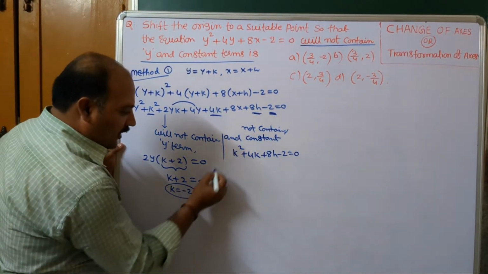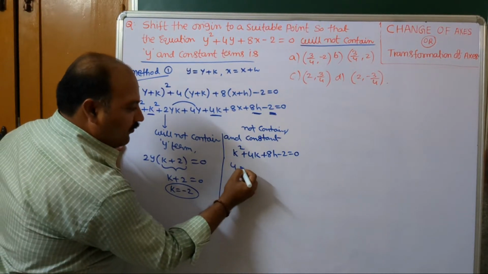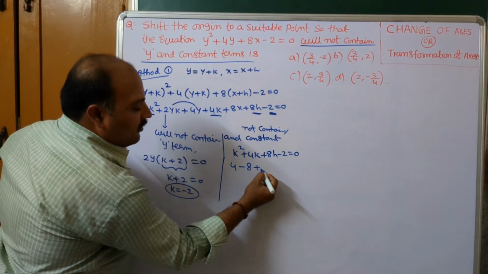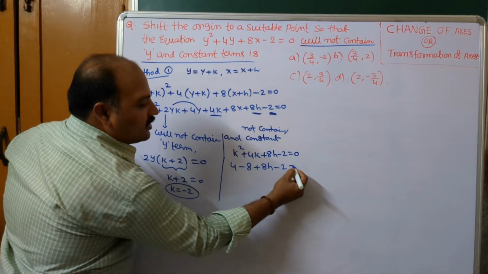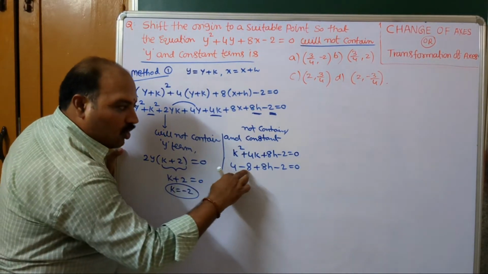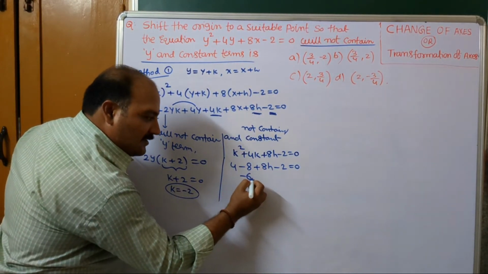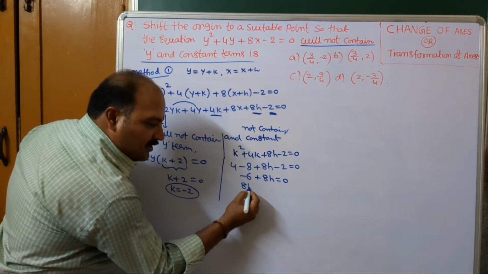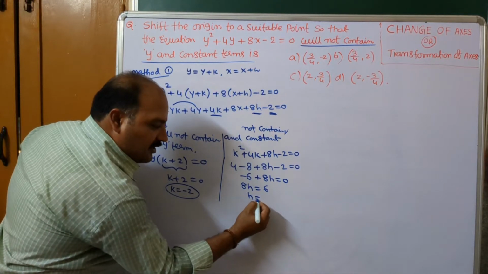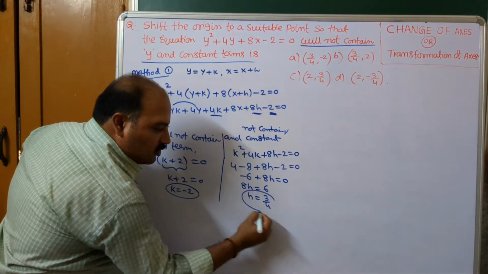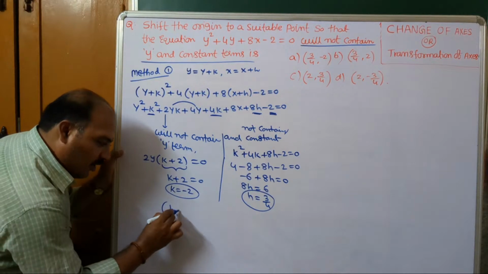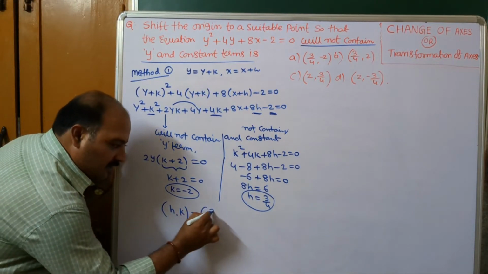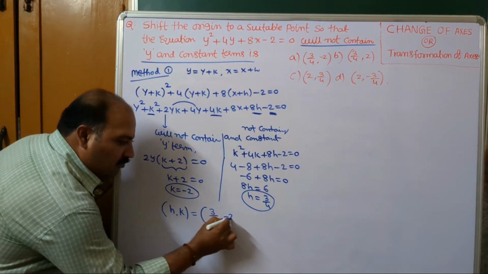So k value minus 2: 4 minus 8 plus 8h minus 2 equal to 0. 4 minus 10, so minus 6 plus 8h equal to 0. So 8h is equal to 6, h is equal to 3 by 4. So h comma k, the shifted origin, is 3 by 4 comma minus 2.